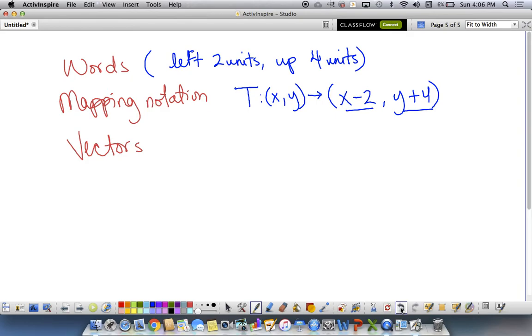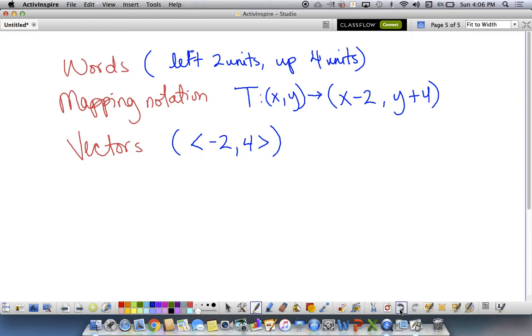If we were going to do this exact same thing with a vector, we would have the component, the little alligator mouth, and we would say -2, 4. That would be our vector notation, all saying the exact same things. We're moving left 2 units and up 4 units. All of these say the same thing.